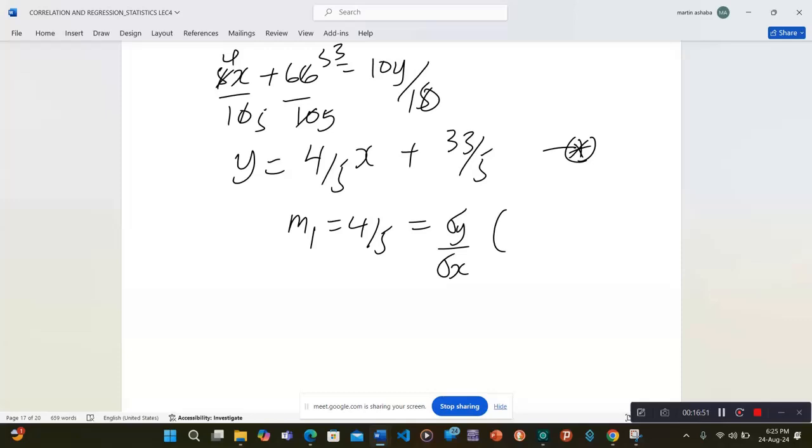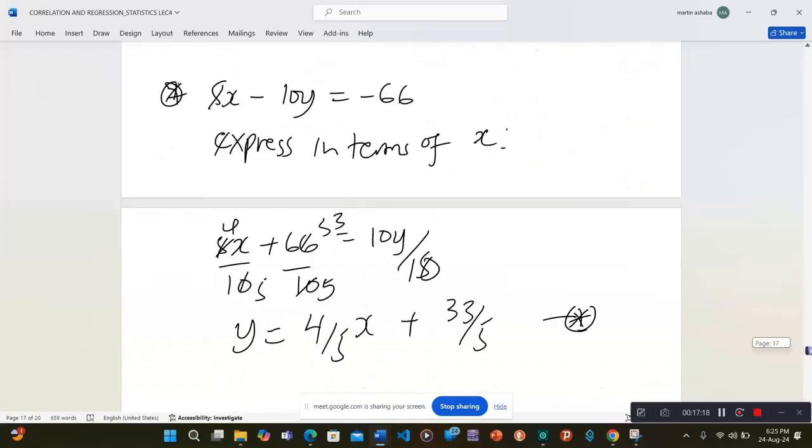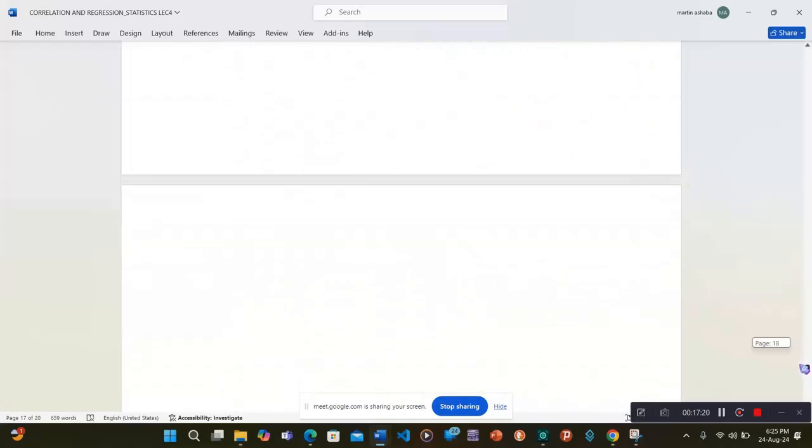This is the correlation coefficient of y on x. Y on x is y, which is on the left hand side, on x, which is on the right hand side. Then there is the other equation, which we express in terms of x.